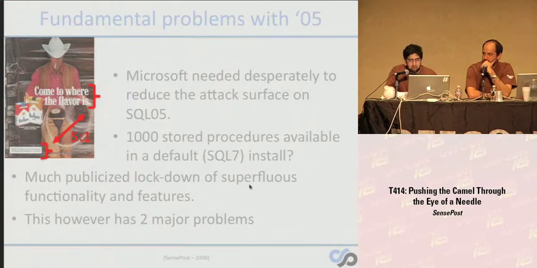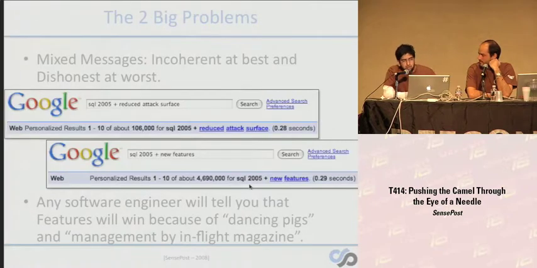Okay, if Microsoft were trying so hard to cut down on this functionality, adding tons more functionality into SQL Server was probably not the way to go. So you end up with very mixed messages. So the ultimate in scientific tests, you do a Google search for 2005 plus reduced attack surface, 106,000 hits. 05 and new features, you get about 5 million.